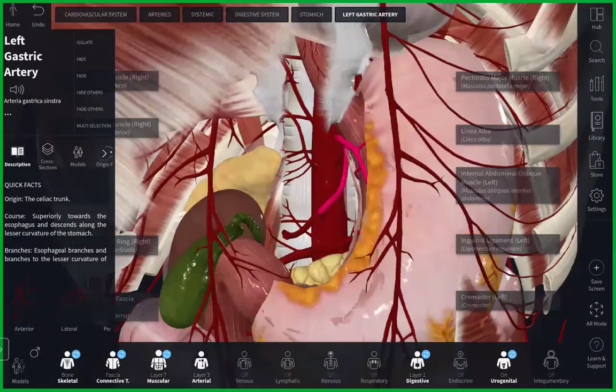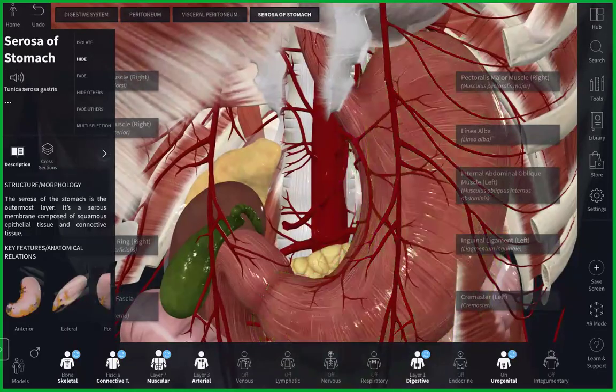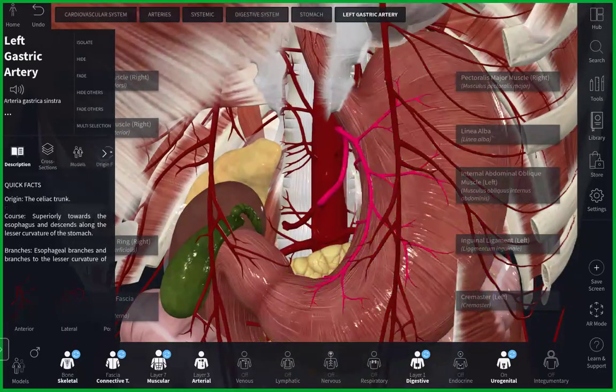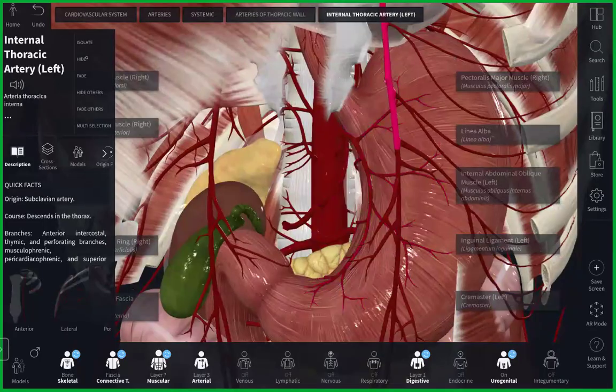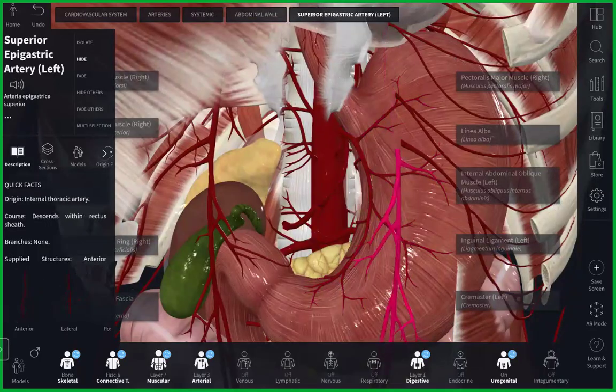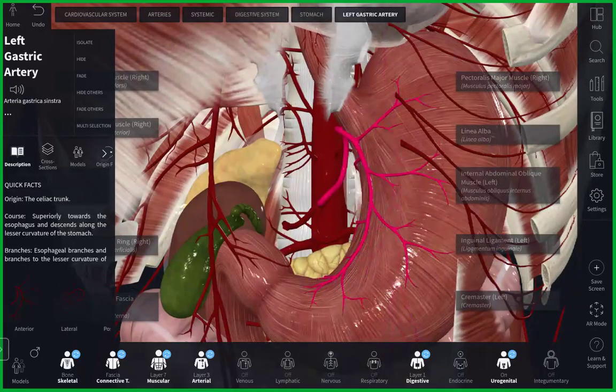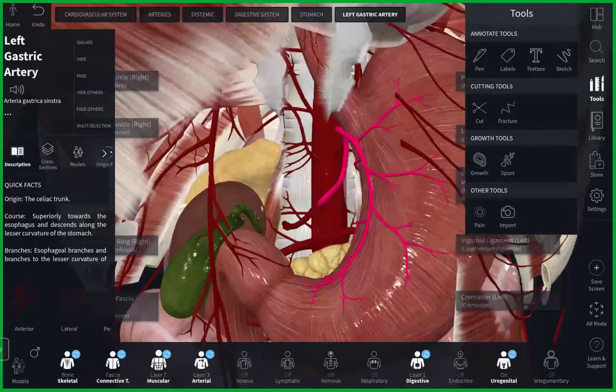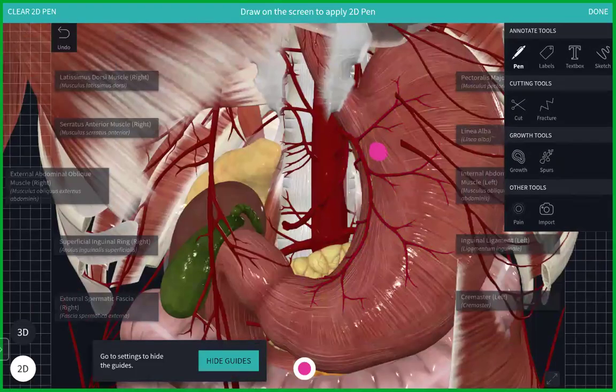So this is the first thing, that is the left gastric artery. You can see it very clearly that it's supplying the lesser curvature of the stomach. So if you have any ulceration at the lesser curvature, they ask which artery is responsible for the bleeding? Left gastric artery.